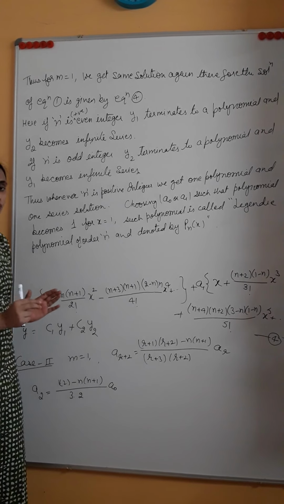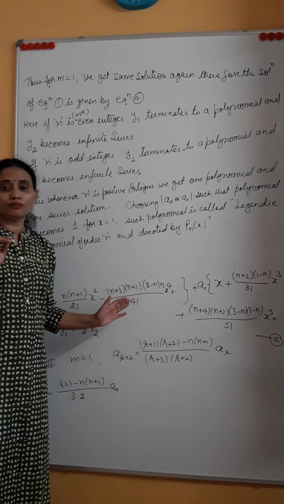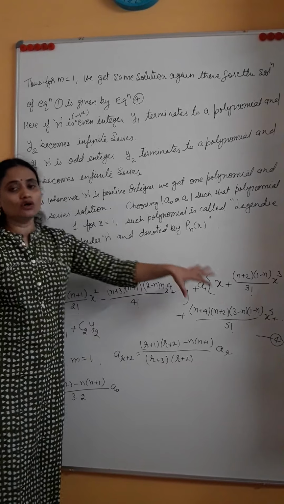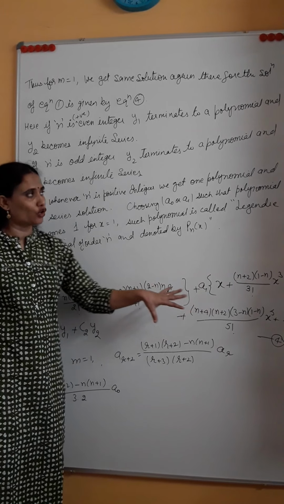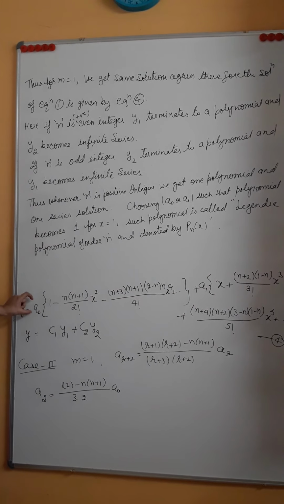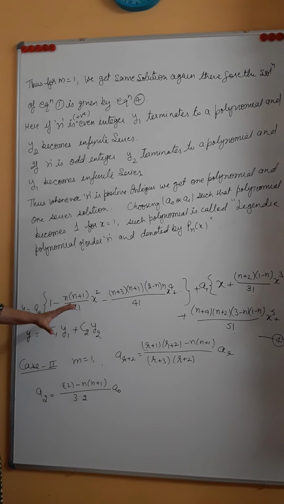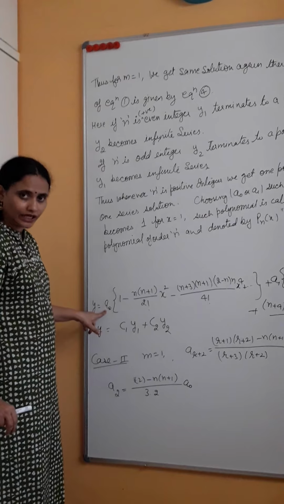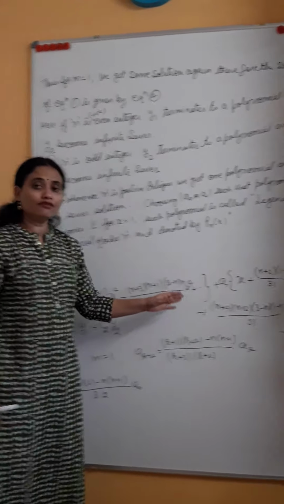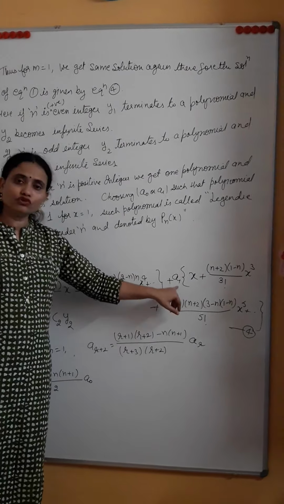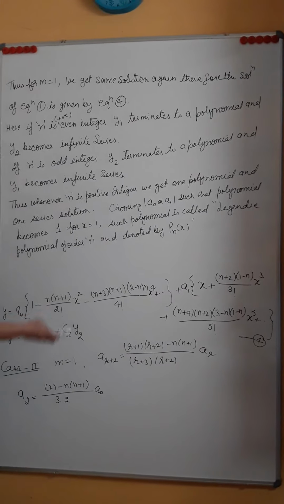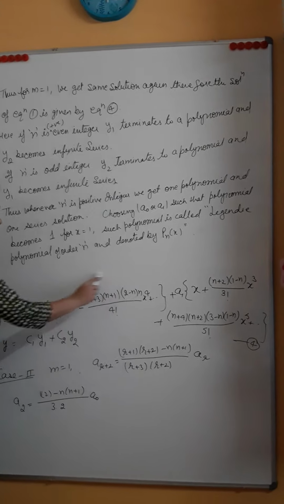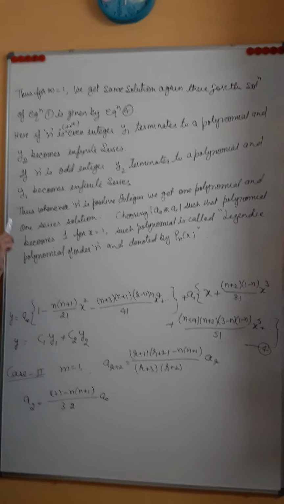So for any positive integer, either one or the other will become a polynomial. In case of a positive even integer we choose a0, and in case of a positive odd integer we choose a1, such that for x equal to 1 the complete polynomial becomes 1.